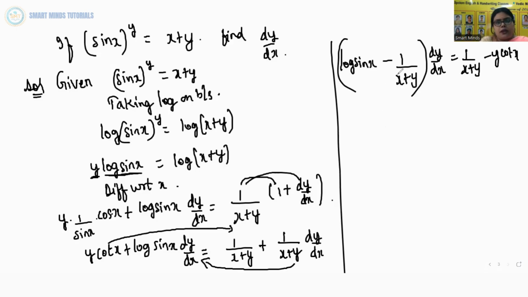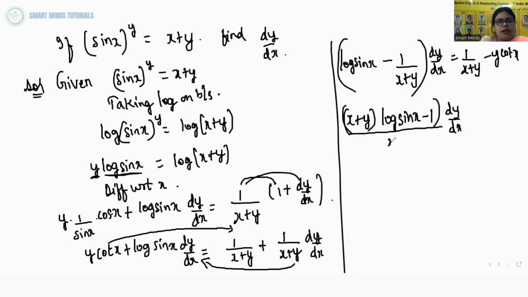Let's take the LCM first. You can cancel x plus y and x plus y. So you get (x plus y) into (log sin x minus 1) dy by dx.